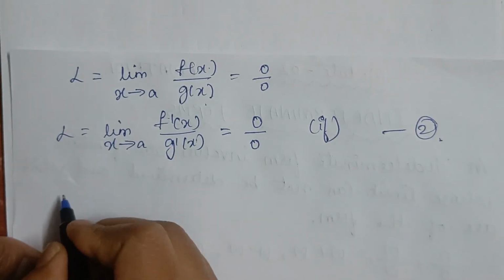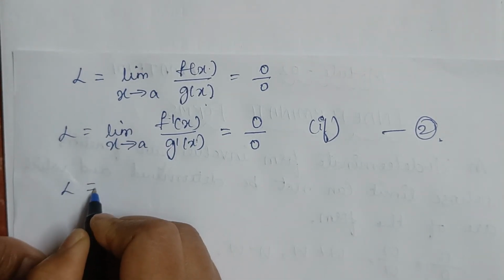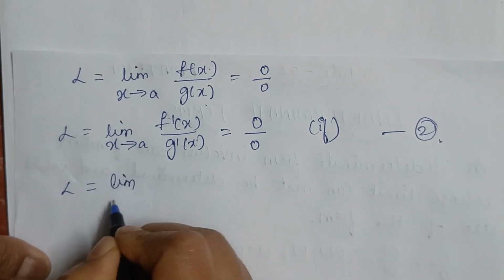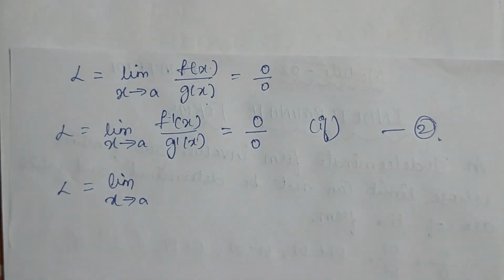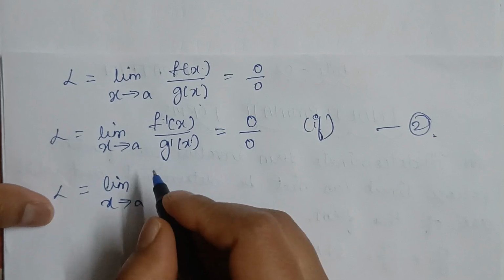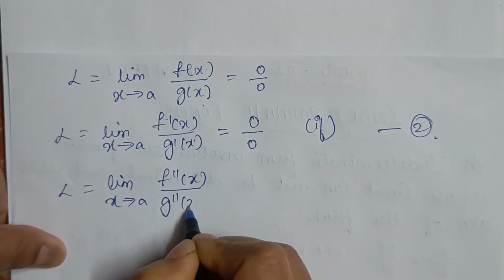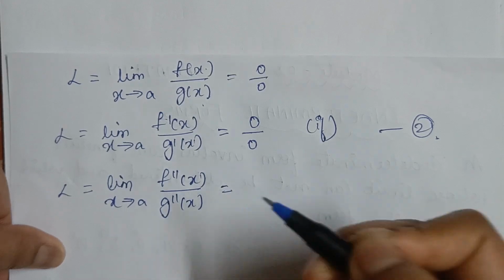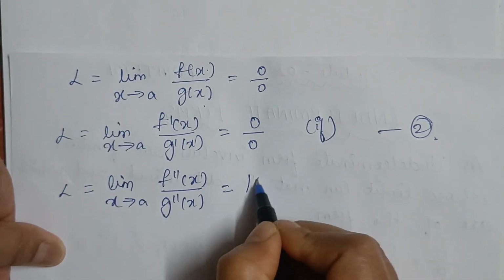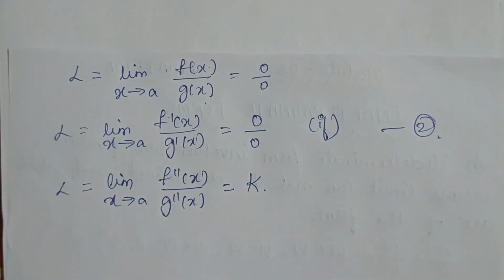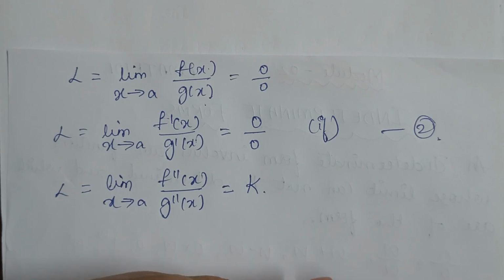So L is equal to limit x tends to a, f double dash of x divided by g double dash of x, which is equal to, let me consider, I got some determinate value k. Now I can stop differentiating further.